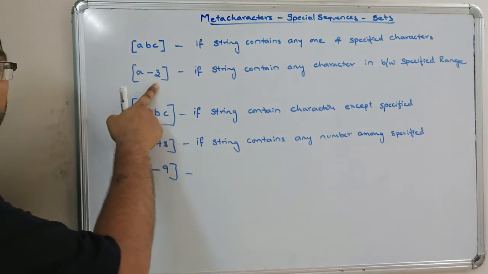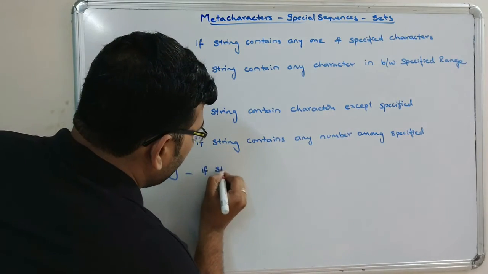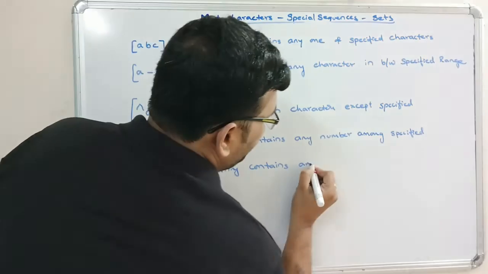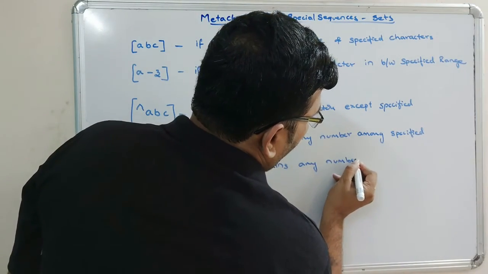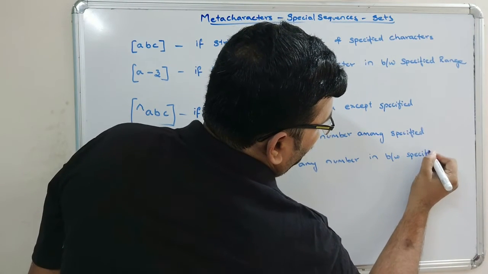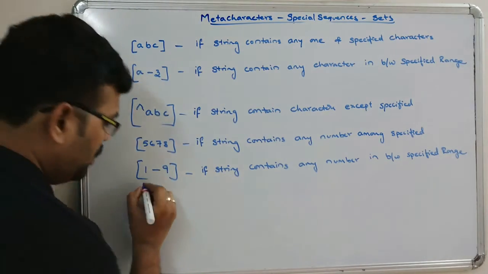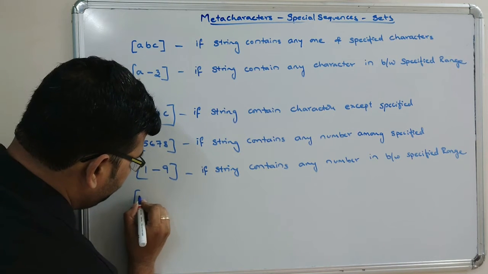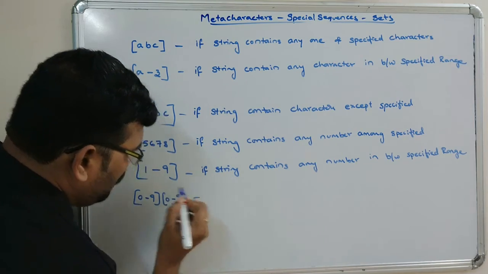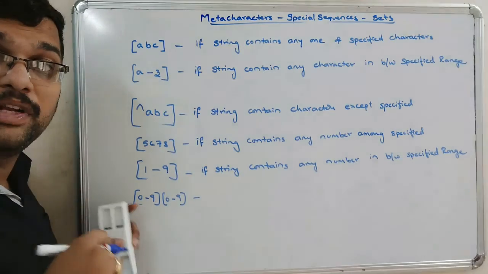So the same thing which we have discussed previously. It returns a match if the string contains any number in between the specified range. Okay, and we can also give something like this. You can observe here we have given two subscripts, that means a double digit, a 2-digit number.